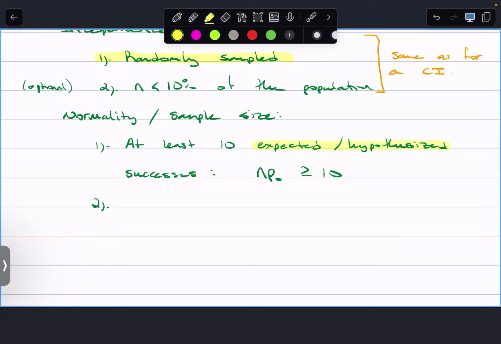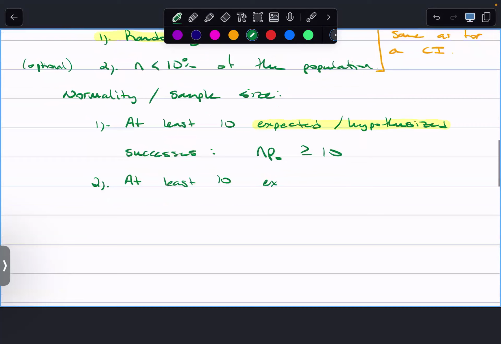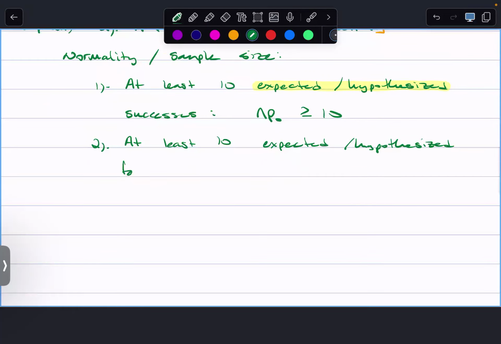On the flip side, we also need at least 10 expected or hypothesized failures. n times q naught has to be greater than or equal to 10.